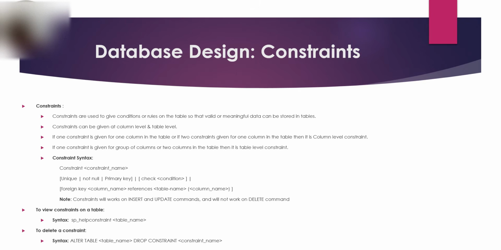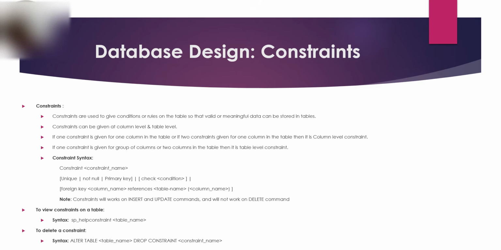Now the syntax for creating constraints: CONSTRAINT followed by the constraint name. There are different types of constraints: unique, not null, primary key, check, and foreign key constraints. Constraints work only on insert and update commands, and not on delete commands.